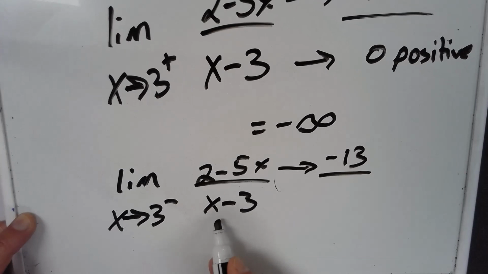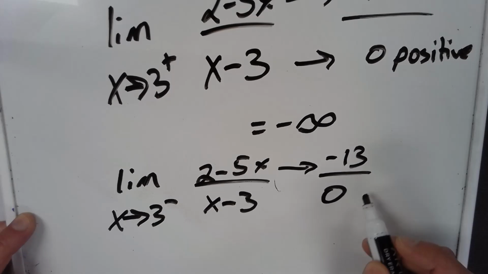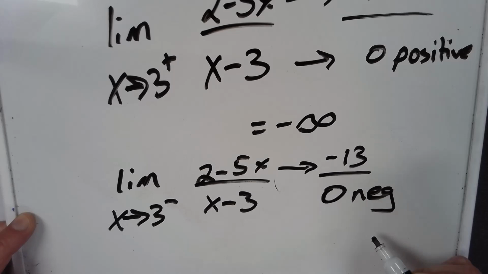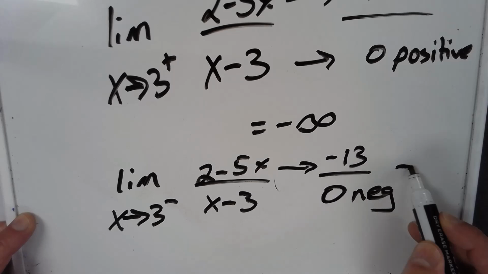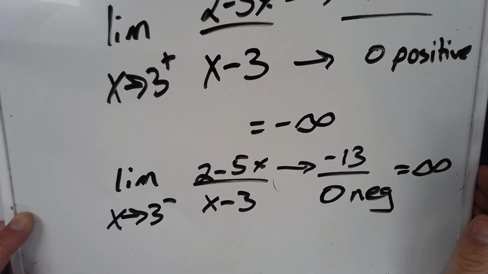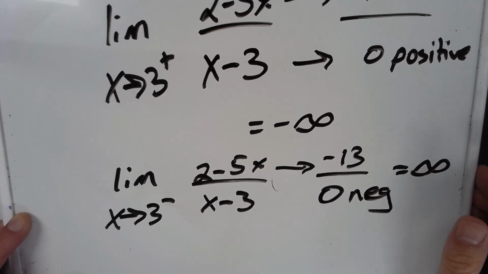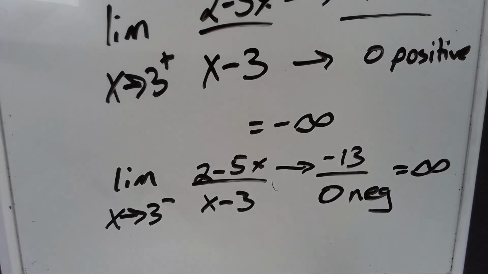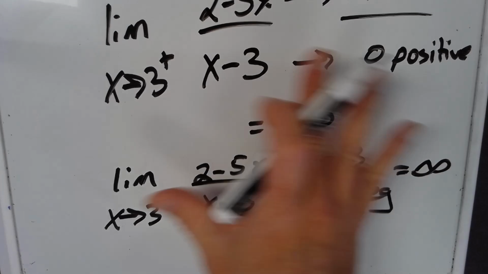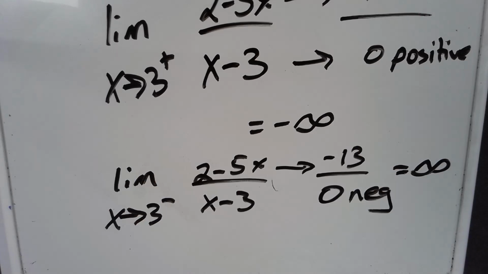So then this is still approaching 0, but then it's negatively approaching 0. And so then this is positive infinity. Is that okay how that works? Now you can always check this out, right? You just look at the graph and it better be doing what you're saying. But that's kind of why it is doing that. Are there any questions on that?